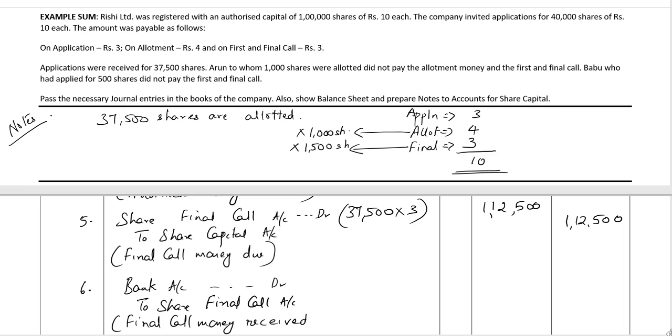We did not receive the final call money in respect of both Arun's shares as well as Babu's shares. That's 1,000 shares plus another 500 shares, which is 1,500 shares. So it's 36,000 multiplied by 3, 1,08,000 rupees.